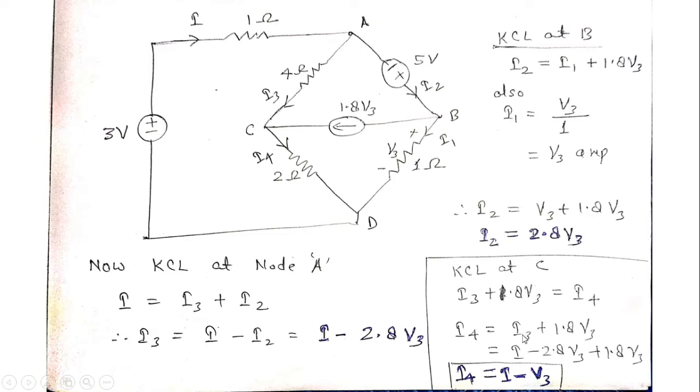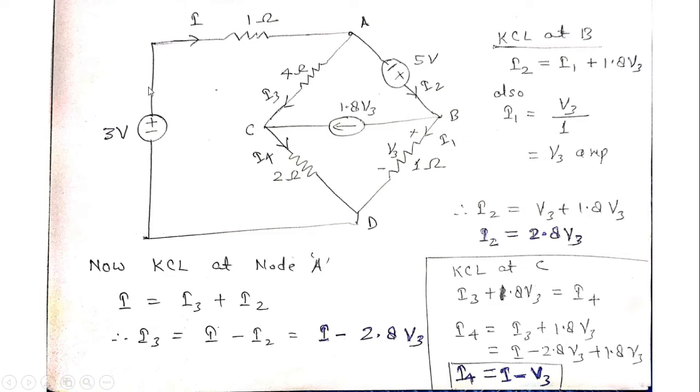The value of I3 is I minus 2.8 V3, so I4 is equal to I minus 2.8 V3 plus 1.8 V3. By evaluating it, I4 is equal to I minus V3. So until now we have found the current flowing through each branch.